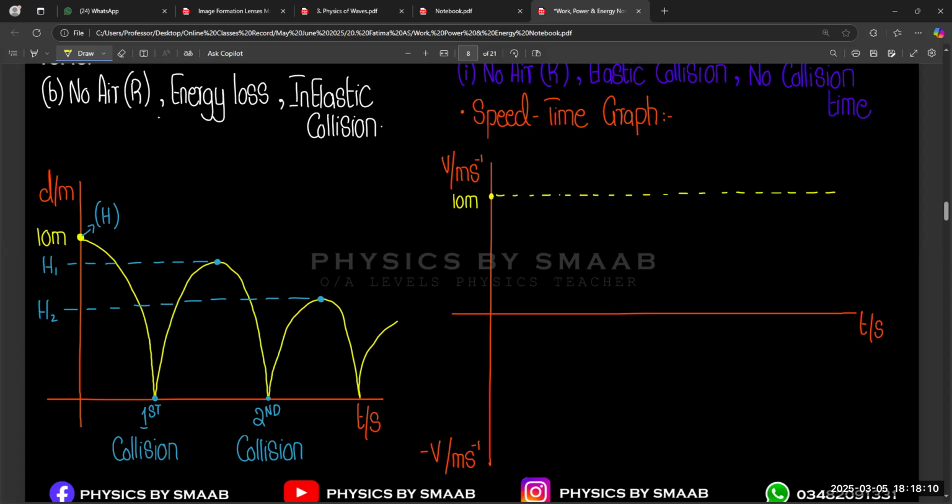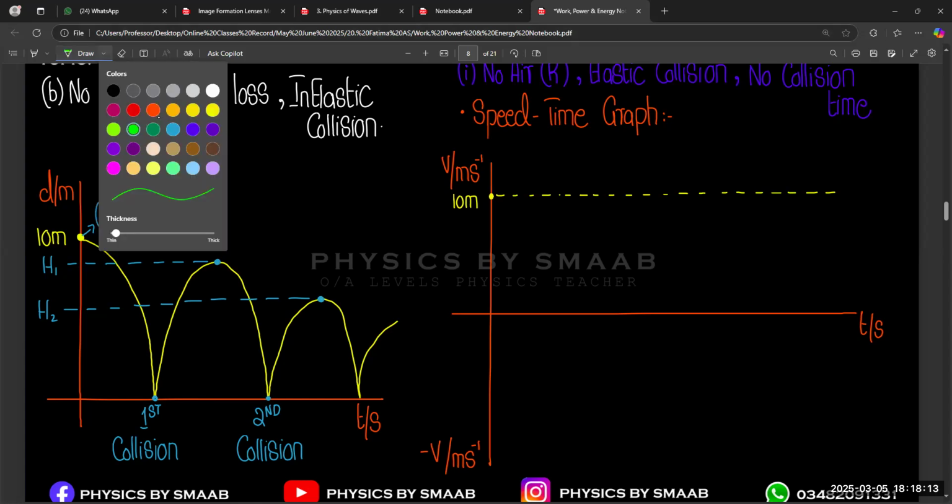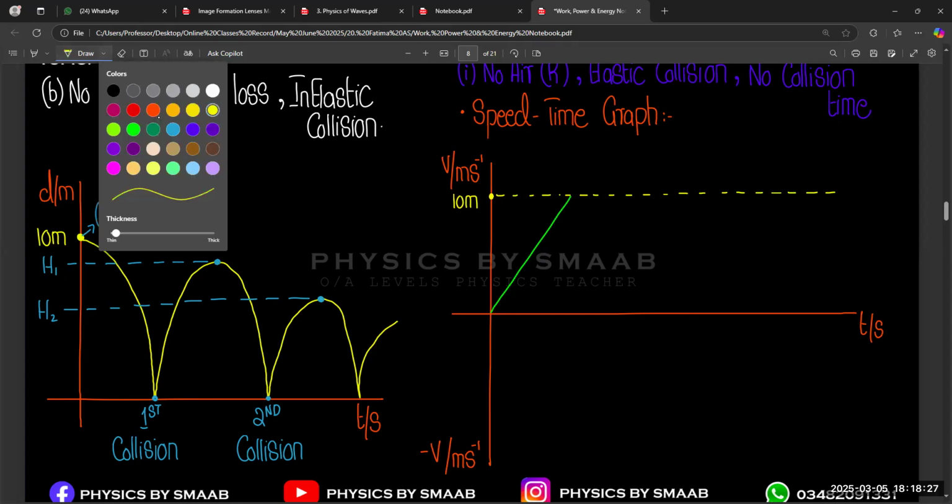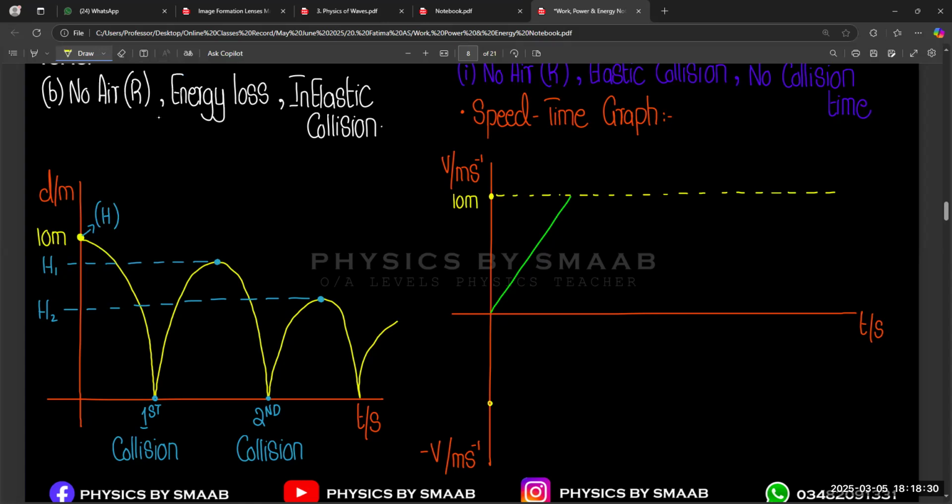So the height remains the same. If we start to draw the graphical representation, first of all, it takes some time to reach the ground, like this. And just like we mark 10 meters on the positive axis, it will be the same on the other axis with minus 10 meters. So we need to cover the same height on the other side, the opposite direction of the velocity.